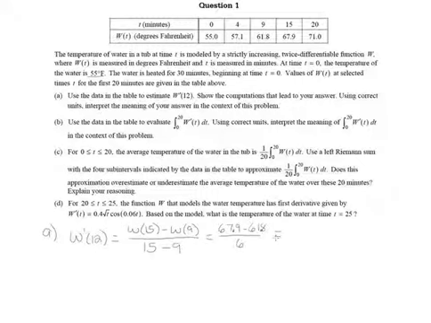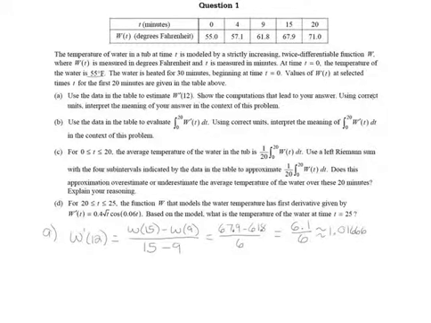This is a calculator section, so if you don't trust your basic skills, and sometimes I don't, I'll just do it real quick. 67.9 minus 61.8 is 6.1, divided by 6, and I get approximately 1.01666 repeated. And show the computations that lead to your answer.